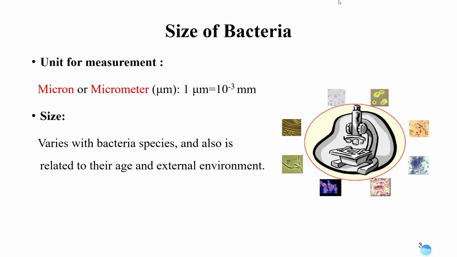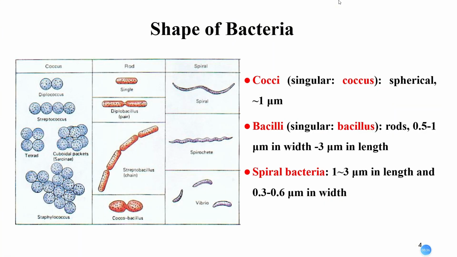Let me give you some example later. And some bacteria are very small. They are a little bit bigger than viruses, and they can pass through the filter membrane. The filter membrane, usually we use it to block bacteria, to remove bacteria from solution. But some bacteria can actually pass through the membrane because they are very small.